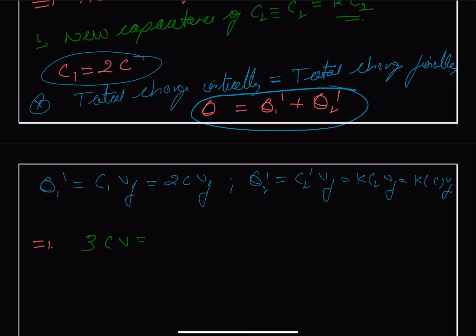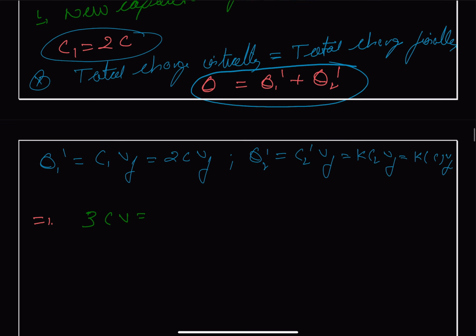So we get this as 2C VF plus K C times VF, and CVF we can take common, so this comes as 2 plus K times C and final voltage VF.